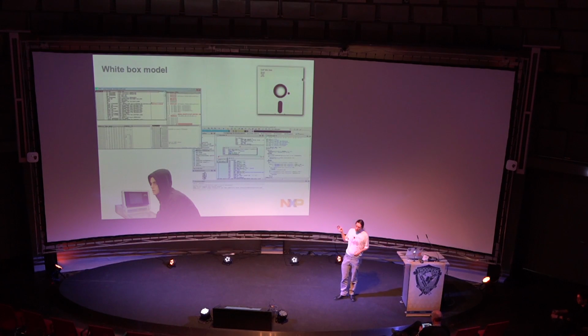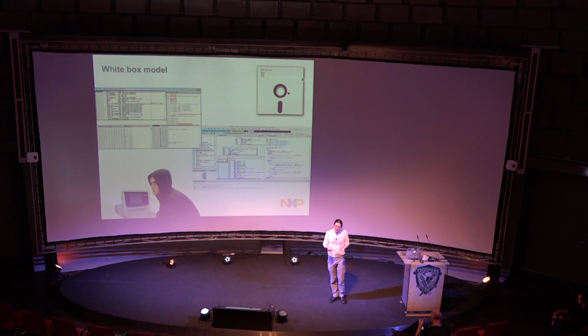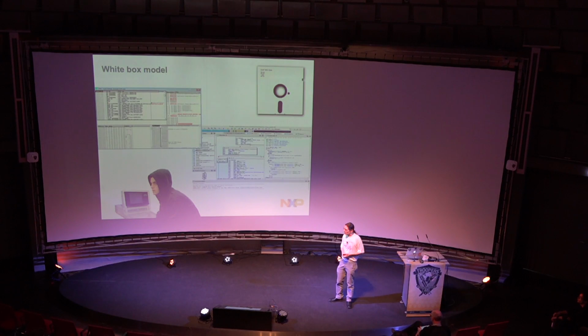And you can do static analysis, dynamic analysis, and of course, you can do whatever you want. You can observe the data, you can observe the code, you can change it, you can change the instructions, you can change the values in the registers, in the memory. Well, basically, you can do whatever you want. So the white box model is a very, very powerful attacker model.